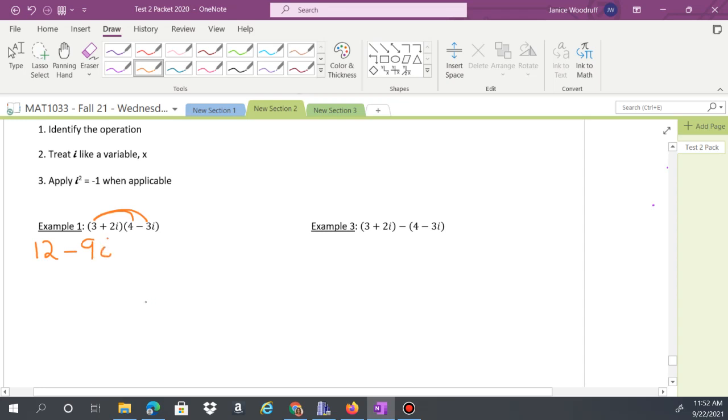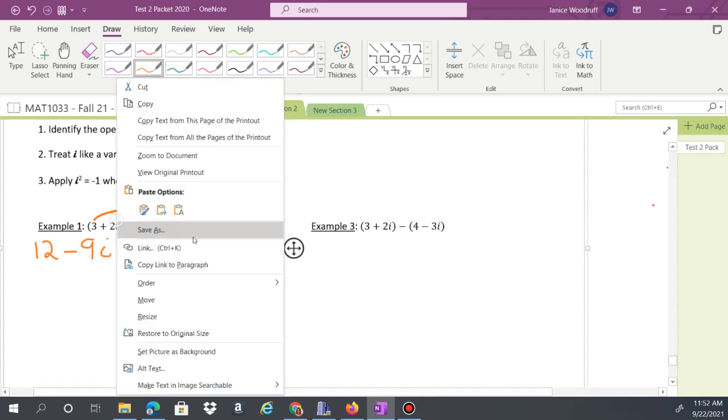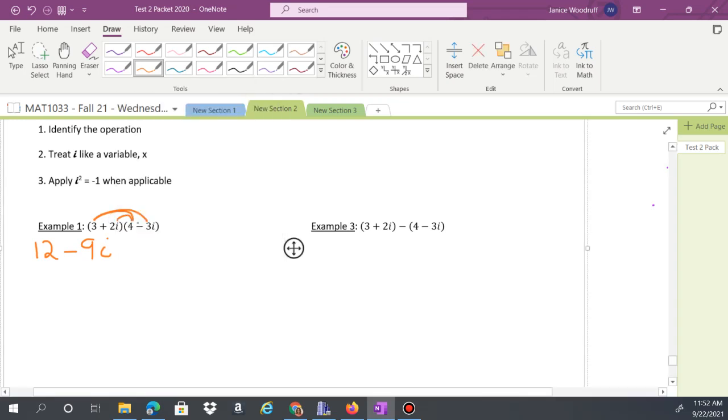Carry the i. My two inside terms, 2i times 4. 2 times 4 would give me 8. And I would carry the i. And then my last, 2i times -3i. 2 times -3, -6. i times i squared.